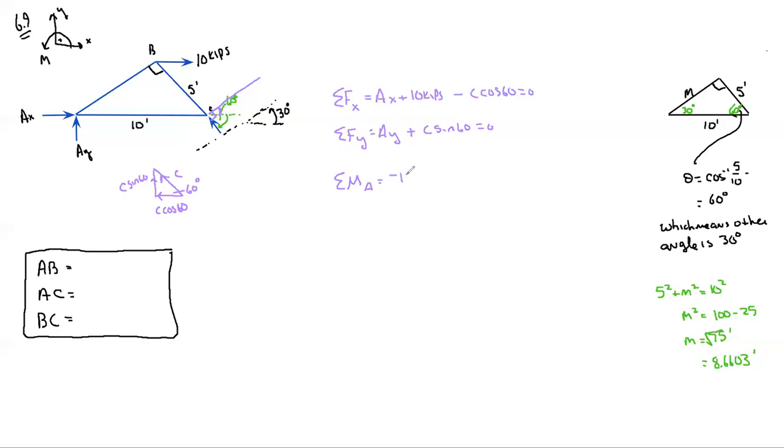The 10 kip force, let me erase that and redraw it. The 10 kip force is definitely a player. We're probably going to need to figure out the perpendicular distance between point B and point A. We'll come back and do that in a second.